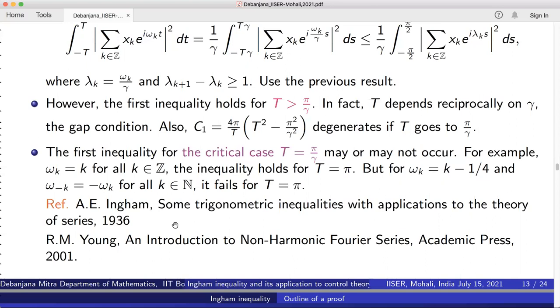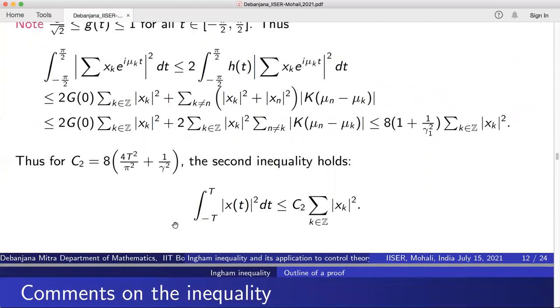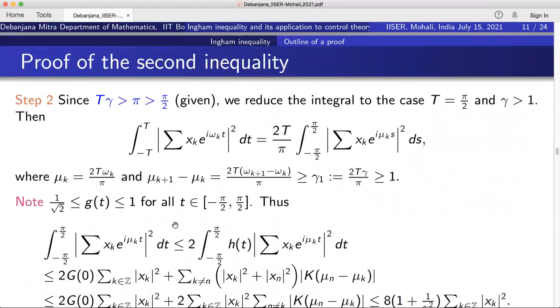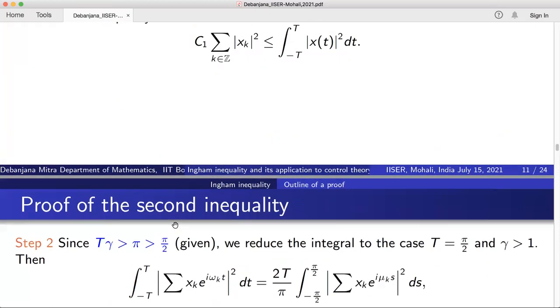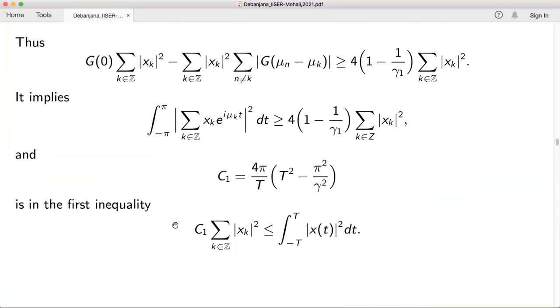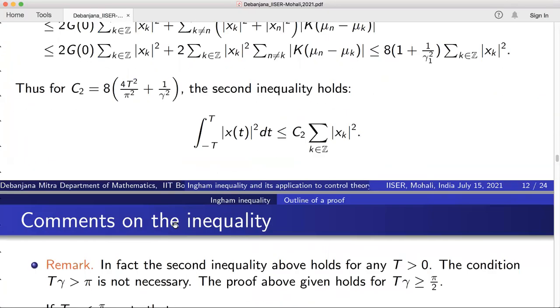Is the compactness important here? Can one have this sort of inequalities for other orthogonal expansions? I am viewing the gap condition in the sense that these omega k's are not exactly a perturbation, but some other kind of sequence.